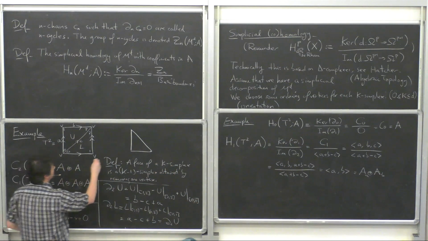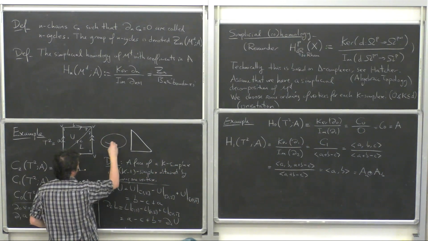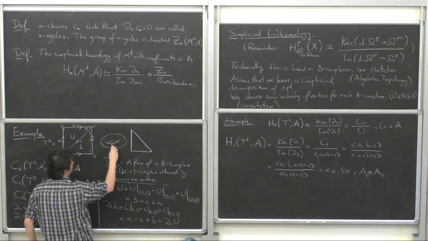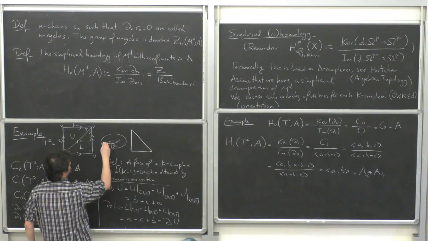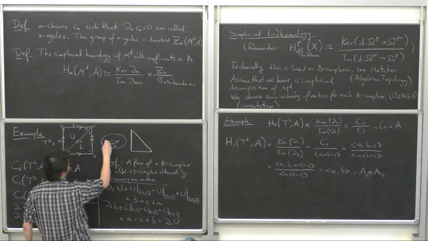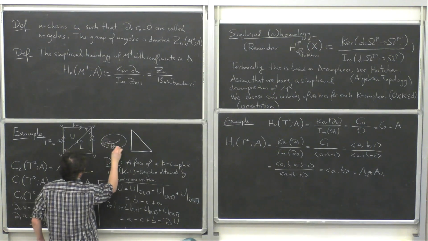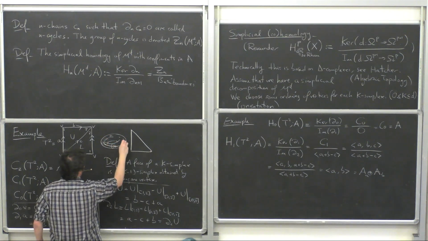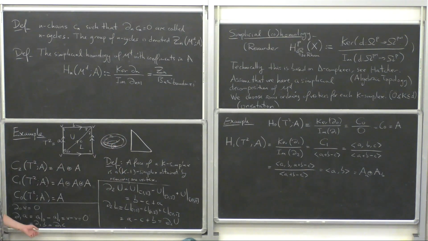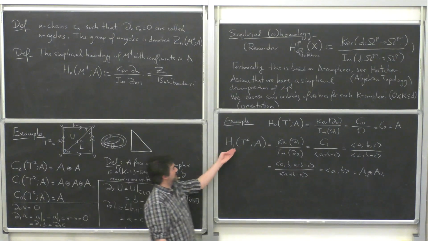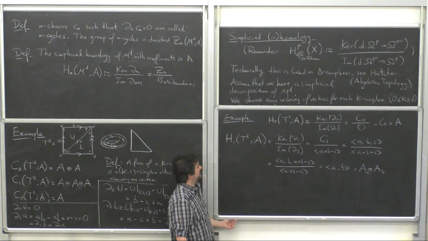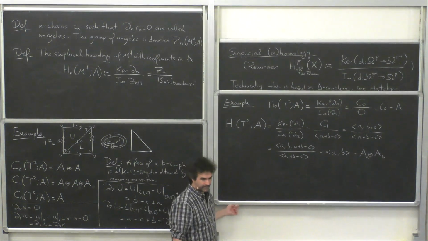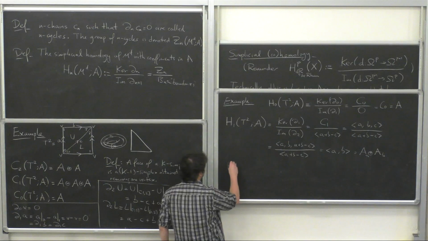So if this is a torus, and I write it in a perhaps more visual way like this, I have a cycle here, which could be B, and a cycle here, which could be A. There you go. So I have these 2 cycles, and those 2 generate the H1 homology group of T2 with coefficients in A. And finally, H2.